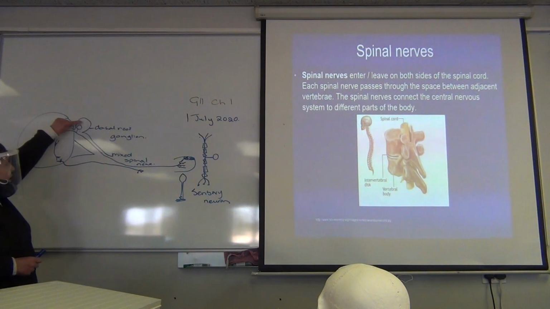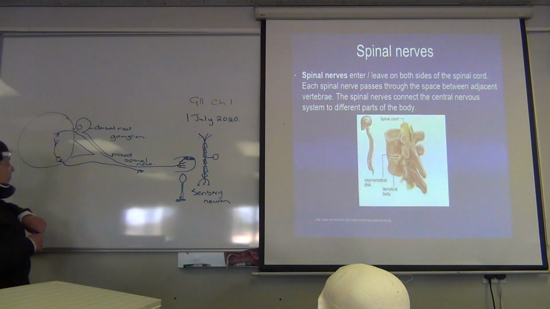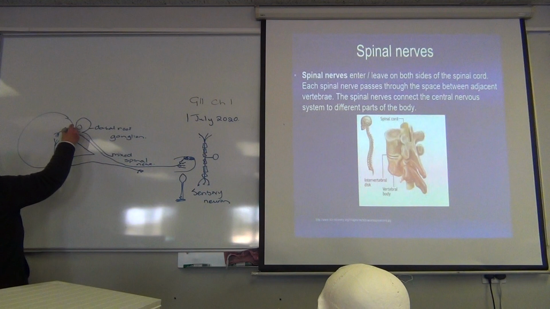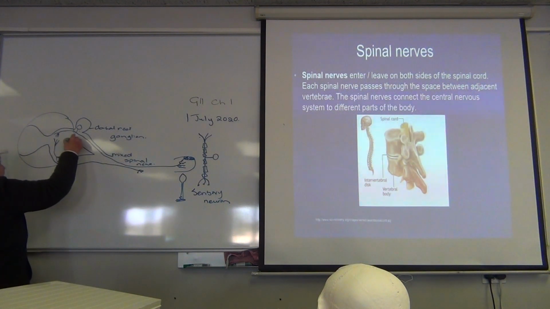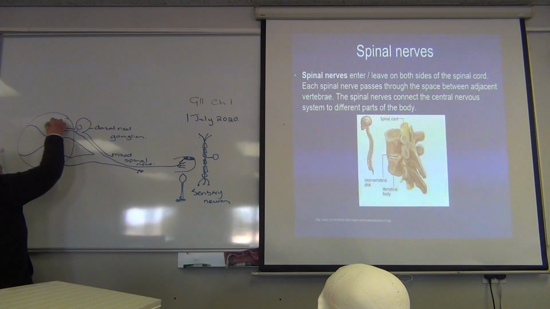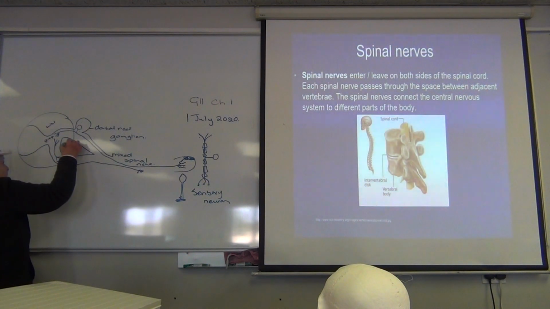There's the cell body in the dorsal root ganglion. Then here it goes into the spinal cord. And so that's grey matter in the spinal cord. So this is grey, and this is white. And that's white, and this is white.